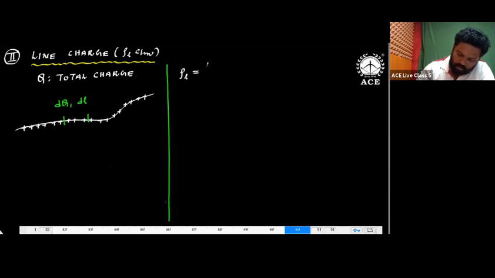Rho L is equal to dq by dl. Units are coulomb per meter. Here dq is equal to rho L into dl. If you want to get an overall charge, what you need to do? You need to perform line integral of rho L into dl. Clear?